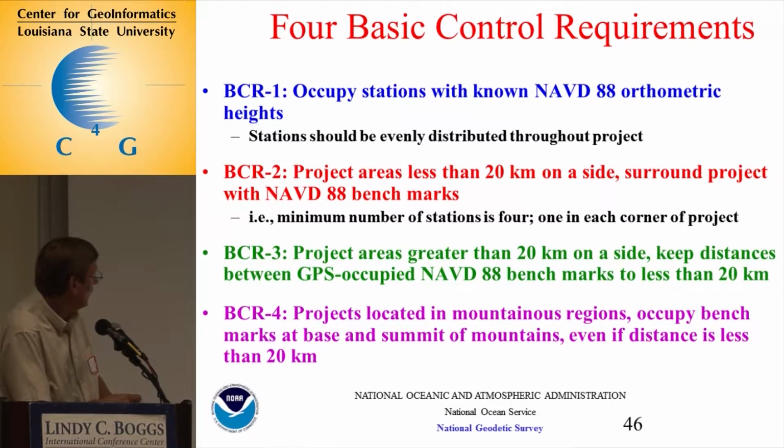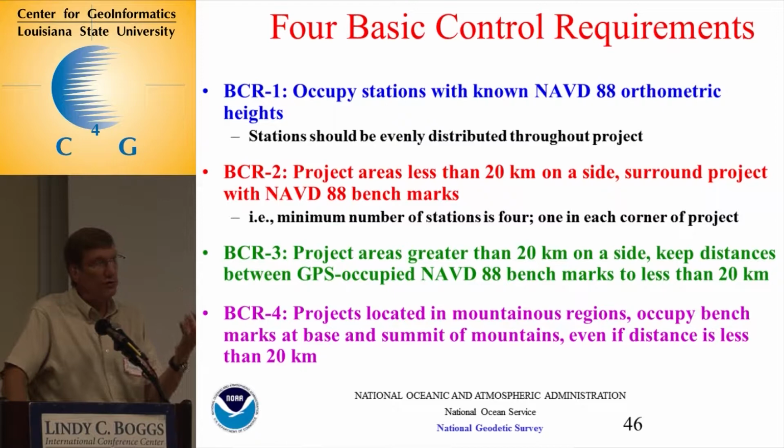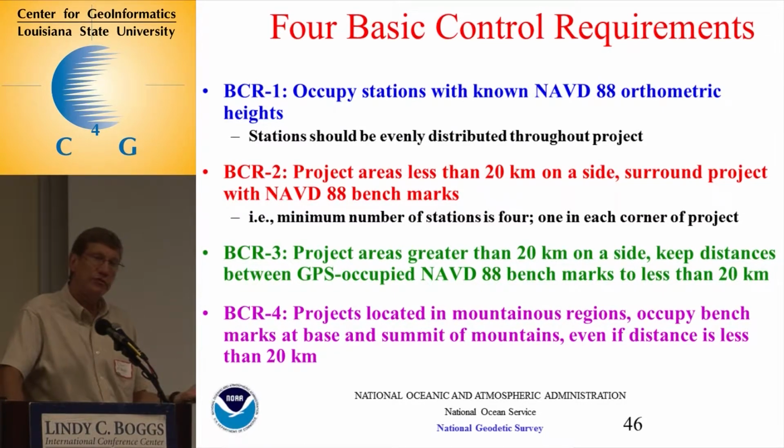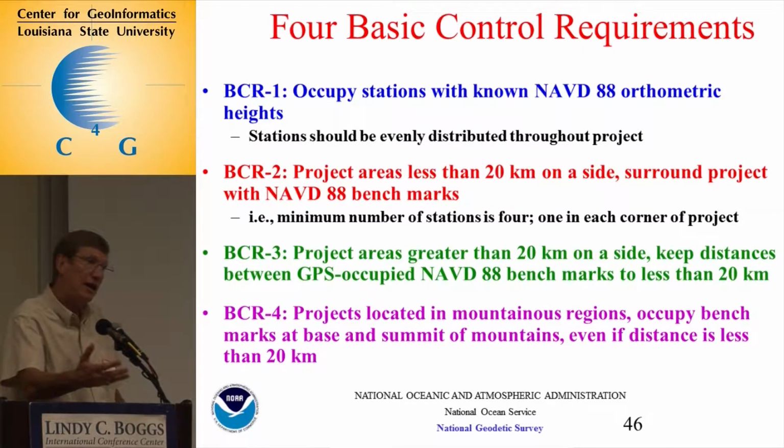And then projects located in mountainous regions occupy benchmarks at the base and summit. Once again, everything you're trying to do is look at how the geoid model is locally. Not the ellipsoid heights, because you've got a procedure to do all the ellipsoid heights, and you get accurate ellipsoid heights. So this is all assuming you have accurate ellipsoid heights, and that's found in a different procedure.